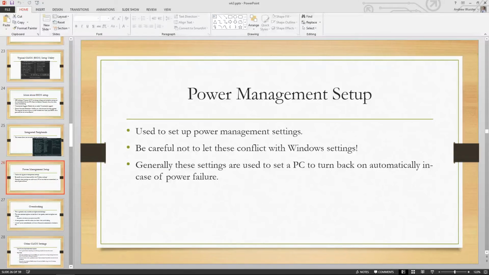If you have a PC that you need on all the time, like a server, you're going to want it to turn back on if it loses power. If power goes out in your building and you don't have battery backup for some reason, you should always have that on a server at least. In case you don't, you definitely want it to come right back up because it's more than likely used for something important.